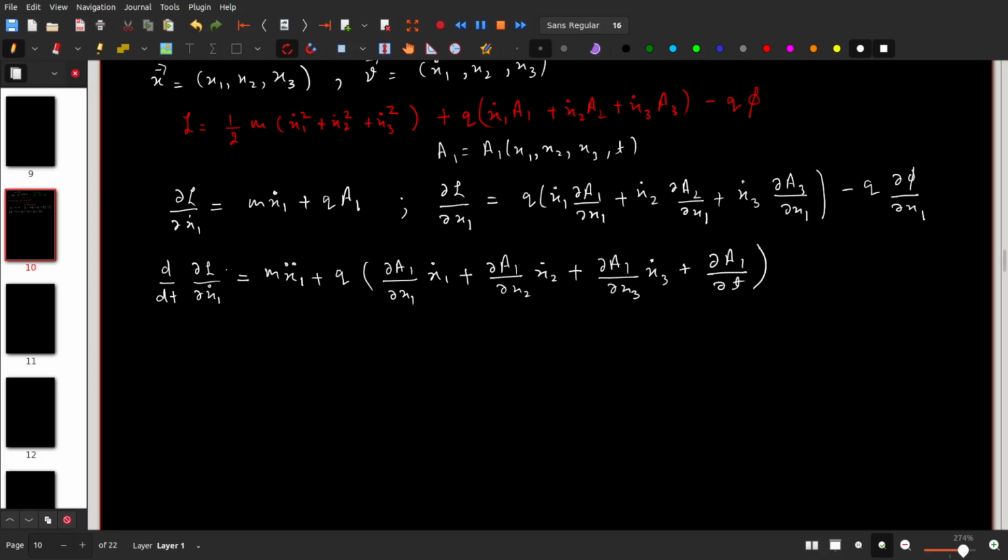So this is the total time derivative of ∂L by ∂x1 dot, and if we subtract ∂L by ∂x1 from it, we will get the Euler-Lagrange equation corresponding to the coordinate x1. So d by dt of ∂L by ∂x1 dot minus ∂L by ∂x1 is given by m x1 double dot.